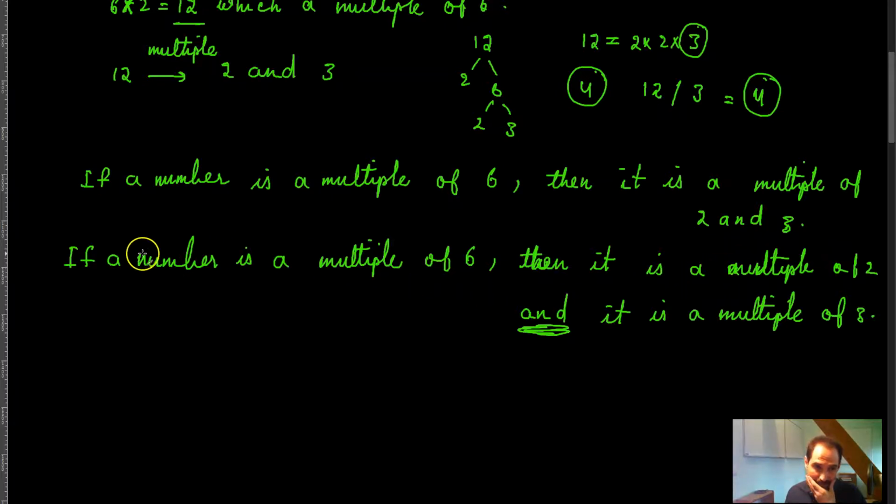Which means that if a number is a multiple of 6, then it is necessary that the number is a multiple of 2, and it's also necessary that the number is a multiple of 3.